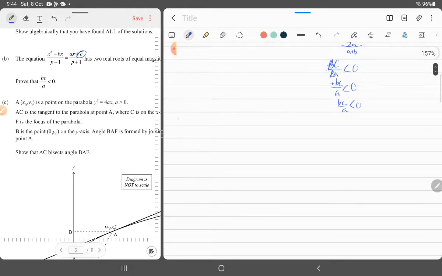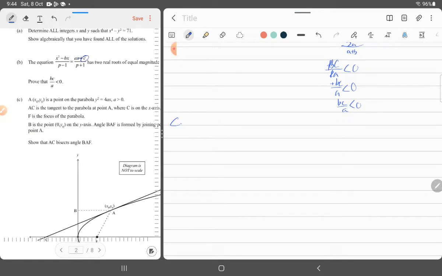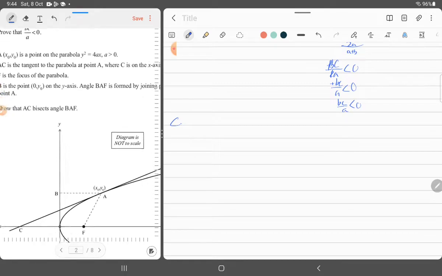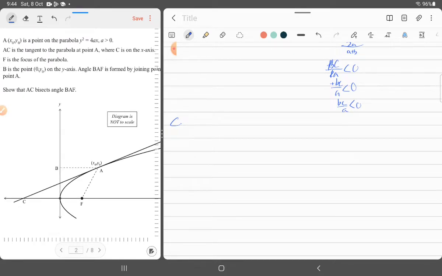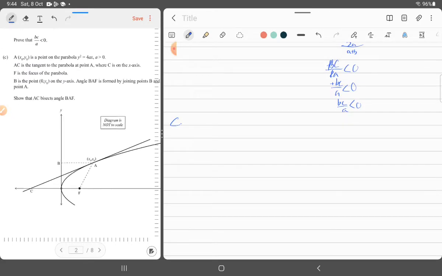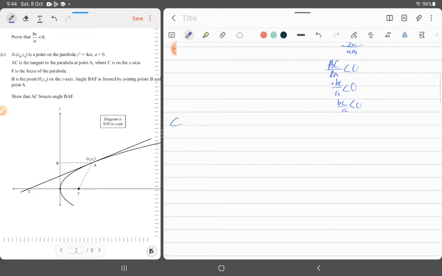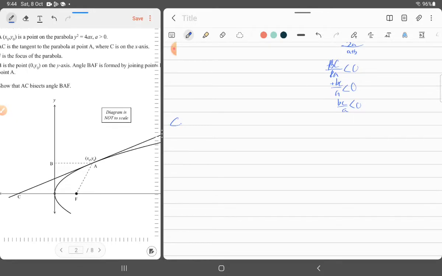Question 1C. X0, Y0 is a point on the parabola y squared equals 4ax and a is greater than 0. AC is the tangent to the parabola at point A where C is on the x-axis. F is the focus of the parabola. B is the point 0, y0 on the y-axis.